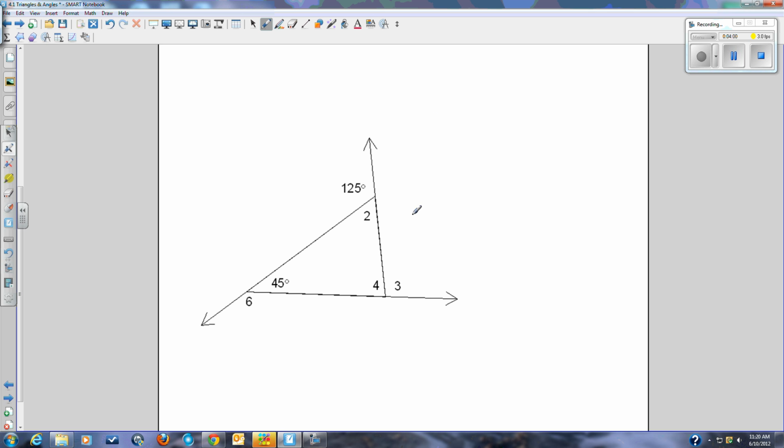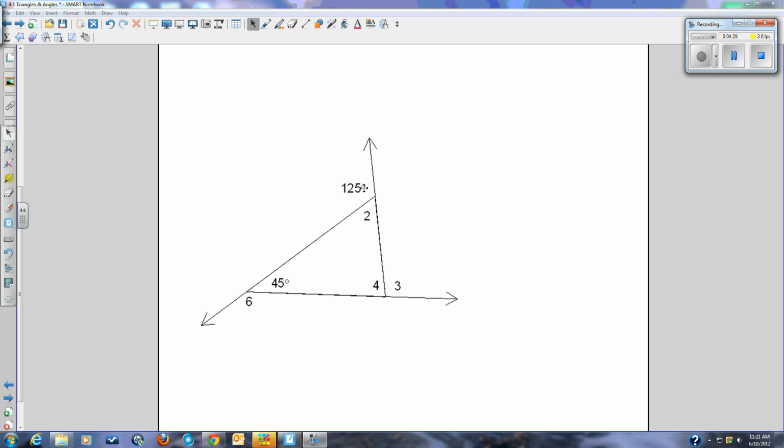So, for instance, let's begin with some information that would help us to start. For instance, angles 3 and 4, we happen to know form a linear pair, so they add up to 180 degrees. Right at the moment, that probably isn't going to help us because we do not have a measure on one of them.